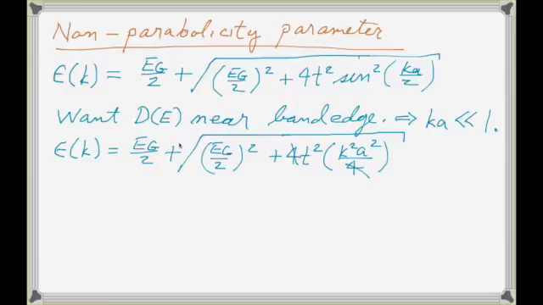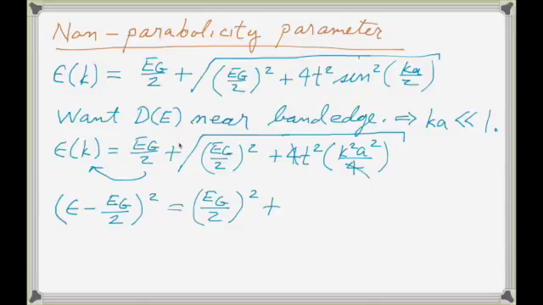Now I move this term to the other side and square both sides. And so I get epsilon minus Eg over 2, quantity squared, is just Eg over 2 squared plus this term.